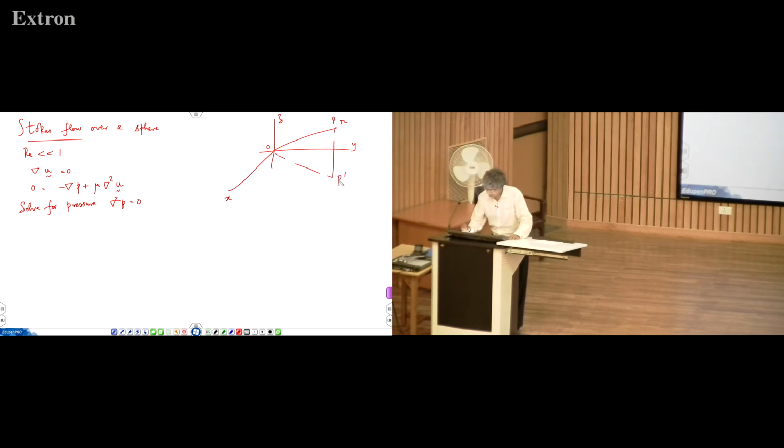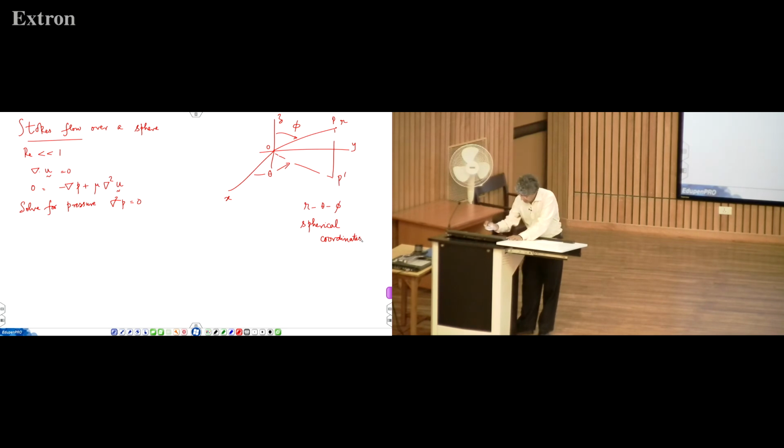Let us call this P prime, and this angle is theta, while this angle made by the radial coordinate with the z axis is given a symbol phi. So, r theta phi. So, you have to write the governing equations in spherical coordinates. Okay. So, now let us see.